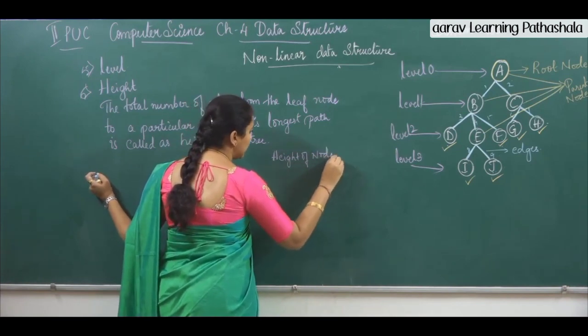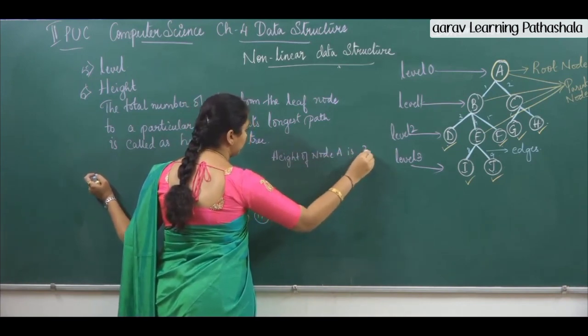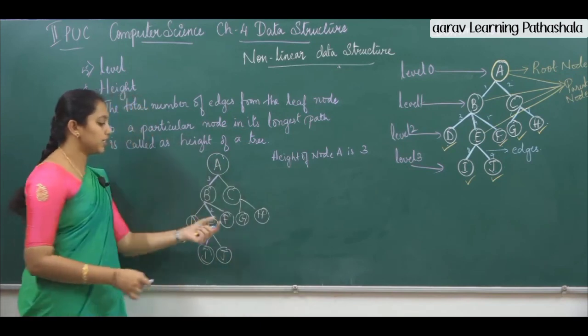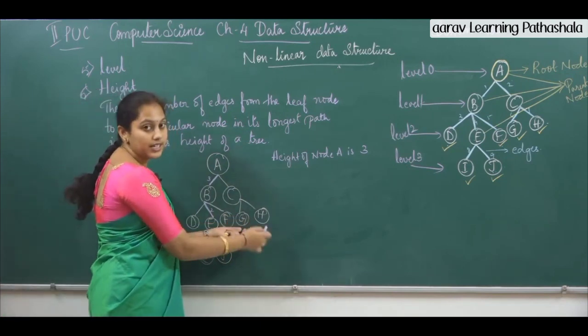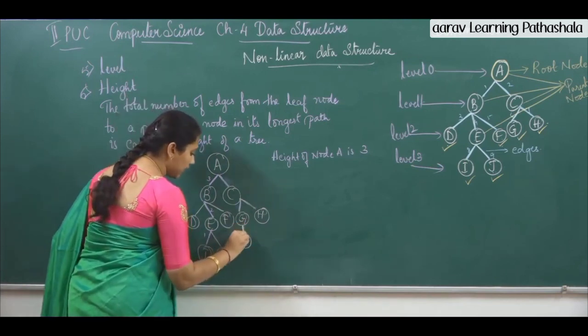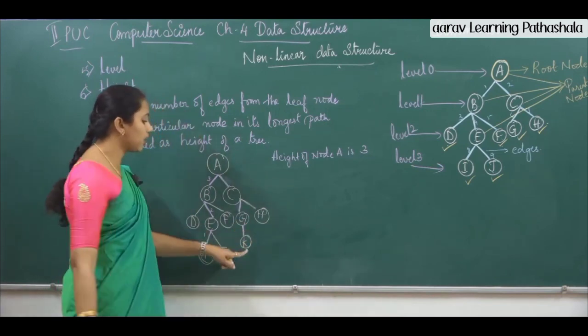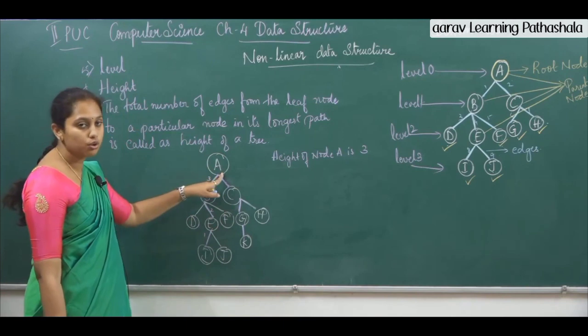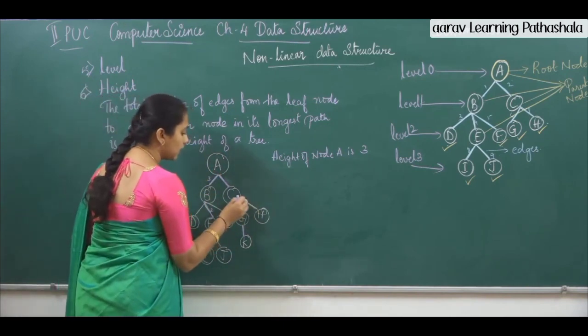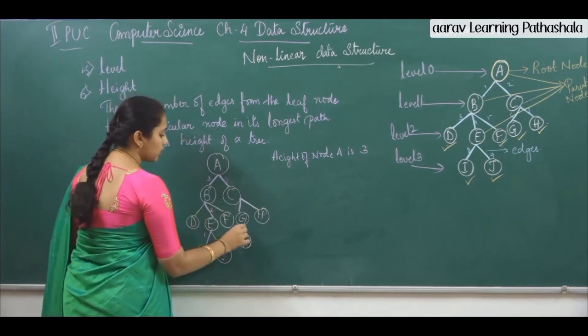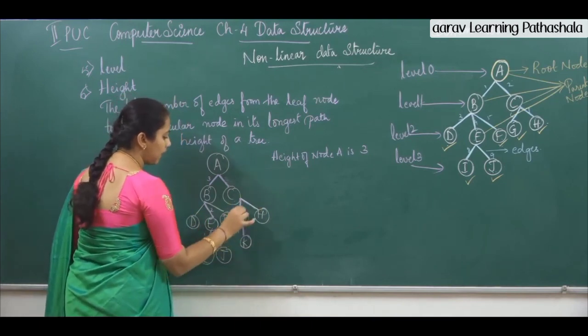So the height of node A is 3. If you consider this path, it is a right subtree, and this is the longest path to reach the root node. This is the shortest path, and we cannot consider it. We have to consider only the longest path.